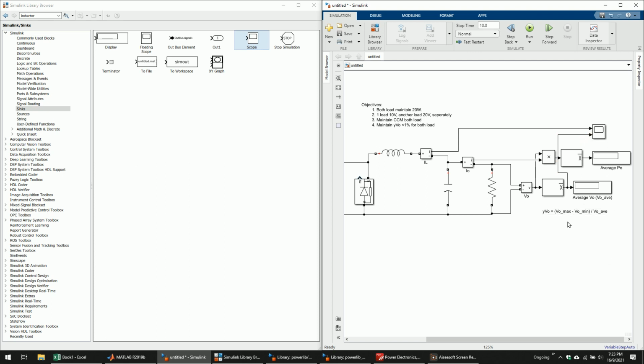So basically V out D minus V in. Sorry, this one should not be here. It should be the original voltage because you want to look at the minimum and maximum. You have to look at the instantaneous output voltage. So now you already achieve objective number 4, which is the output voltage ripple factor.